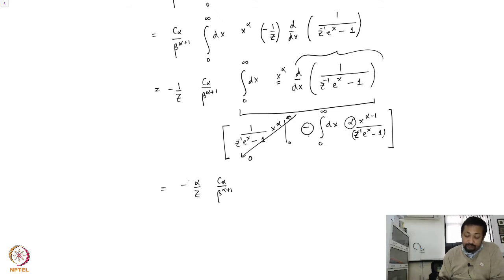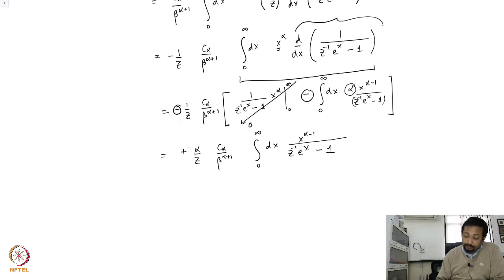Also note that I have a minus over here, and here I have minus 1 by z C alpha beta raised to the power alpha plus 1, so that this minus and this minus gives me a plus. I have 0 to infinity dx x to the power alpha minus 1 z inverse e to the power x minus 1.